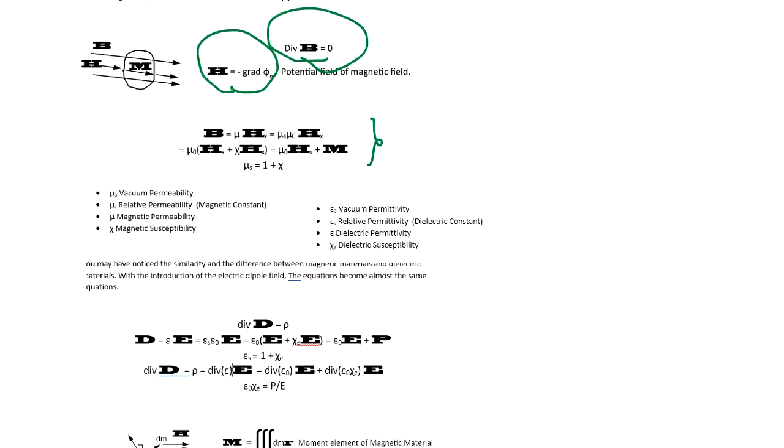Let's clarify. This is the vacuum permeability. They call this vacuum permittivity. And this is a relative permeability, and this is a relative permittivity, and combine this together, you create the magnetic permeability, and we call that dielectric permeability, or sometimes dielectric constant.